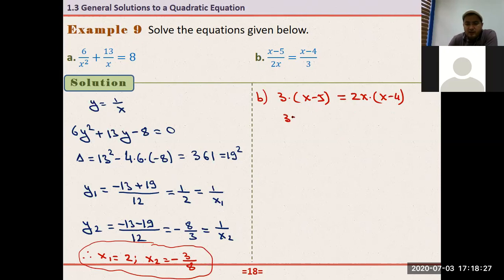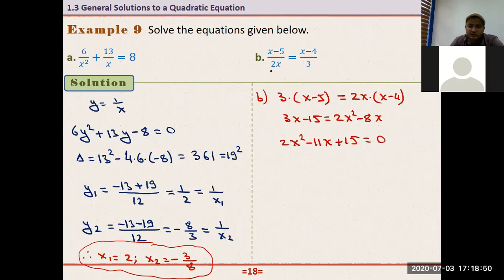So here 3x minus 15 equals 2x squared minus 8x. Take everything to the right-hand side: 2x squared, negative 8x minus 3x, that is minus 11x, and negative 15 becomes plus 15, equal to 0.